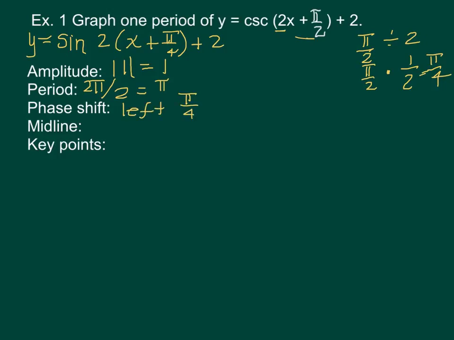So your first x value would be at negative pi over 4. Your midline, we have a midline now at y equals 2. And remember to get your key points, you do 1/4 times your period, which is pi over 4. So we're adding pi over 4 each time to get our 5 values.